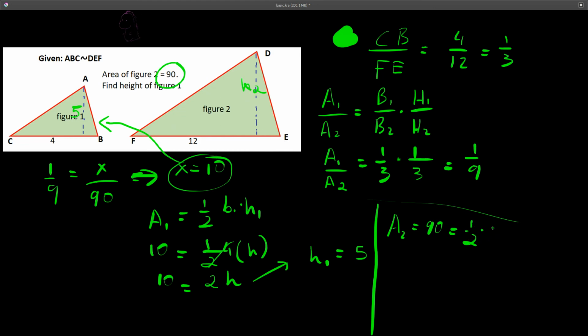The base is 12 times that height 2. And that gives you 6 times height 2. So height 2 comes out to be 15. And since the ratio of the bases is 1 to 3, the ratio of the heights is also 1 to 3. So this gives you also height 1 is 5.